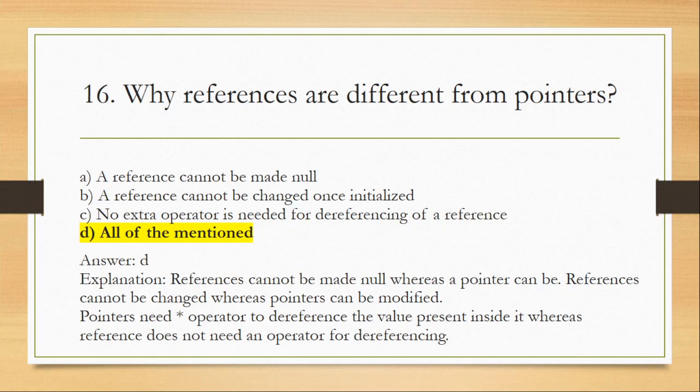The correct answer is D. References cannot be made null, whereas pointers can be. References cannot be changed, whereas pointers can be modified. Pointers need the star operator to determine the value present inside, whereas a reference does not need an operator for dereferencing.